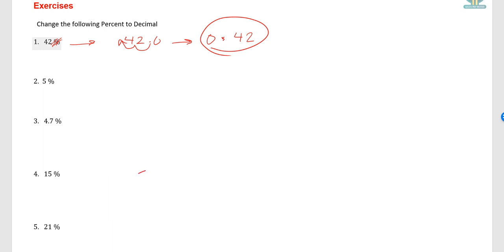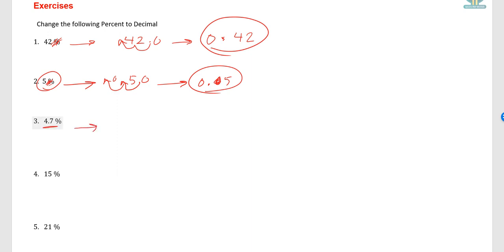gets discarded. Okay, 5%. So 5.0, percentage sign gets discarded, and this becomes 0.05, that's 5%. 4.7%, again, move the decimal point to the left, so that is equivalent to 0.047, and the percentage sign gets discarded. 15%.